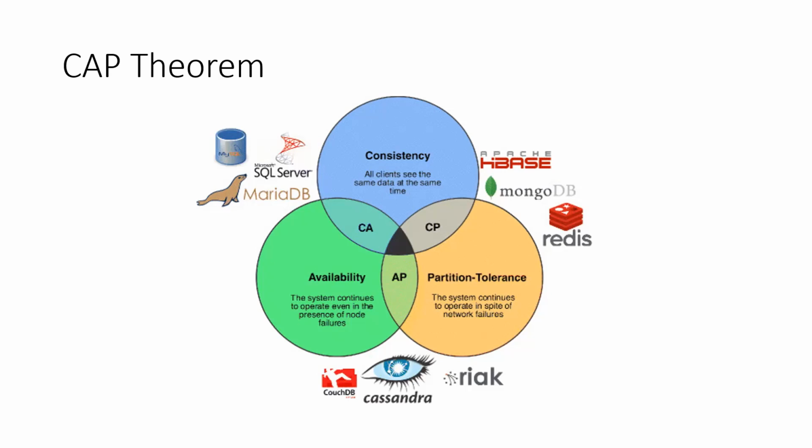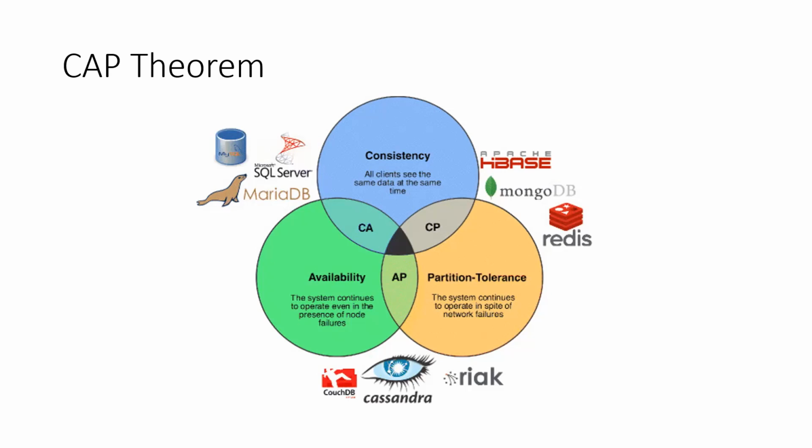Under database systems, usually we talk about what we call the CAP theorem. It says it is impossible for a distributed system to simultaneously provide more than 2 out of what we call consistency, availability, and partition tolerance. When we talk about consistency, all the nodes and all the clients see the same data at the same time, right?